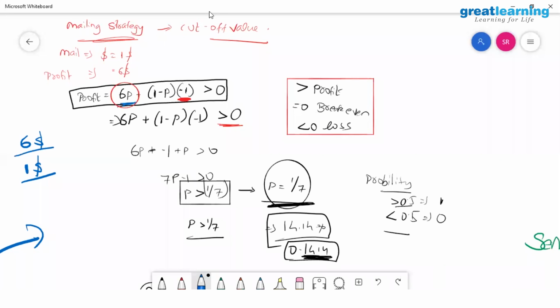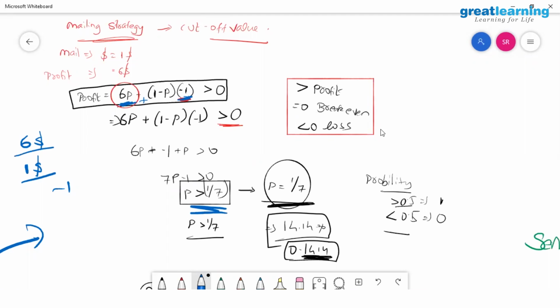So if he purchases it, my profit is 6 times P plus 1 minus P. If he does not purchase it, the value here is -1 because there is a loss of $1. So what is the right cutoff to select?